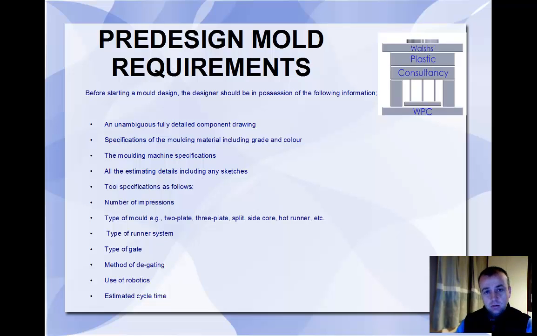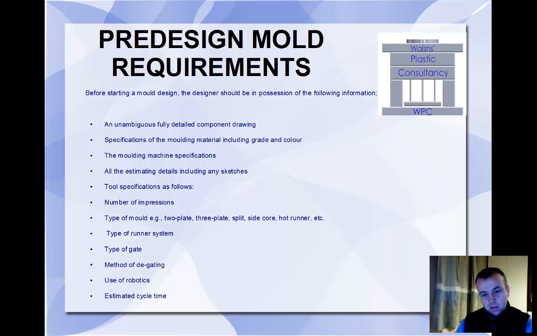You'll also need to know your machine specifications, like the platen size, the platen layout, where and how you're going to bolt the mold onto the platens. Also the clamping force and the shot size of the machine. You need to be able to calculate the shot size from the machine; polystyrene usually is quoted in relation to the shot size of your actual mold.